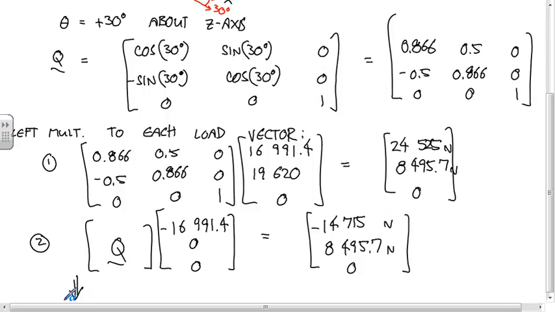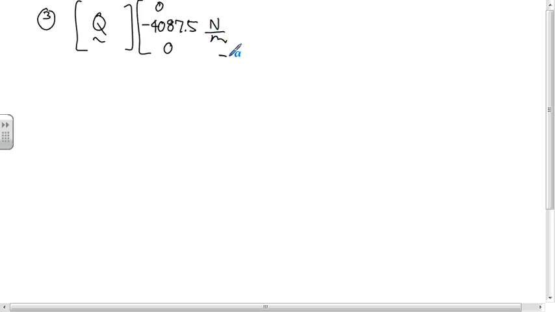And then the last one is the distributed load. So we're going to multiply Q times our distributed load of 0, negative 4,087.5, 0. Remember, this is newtons per meter.